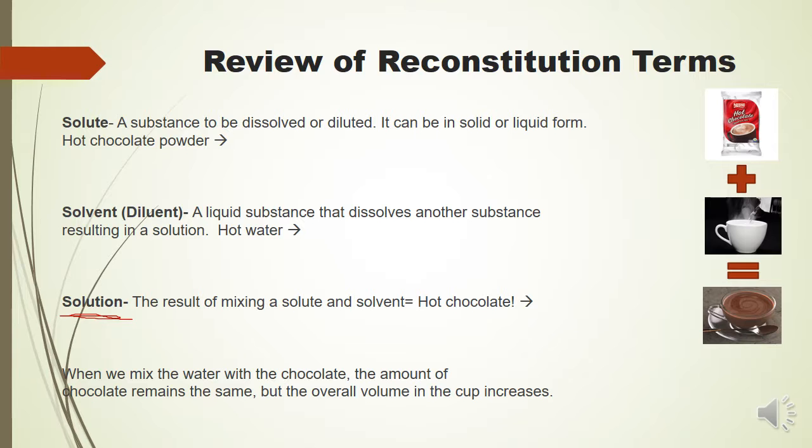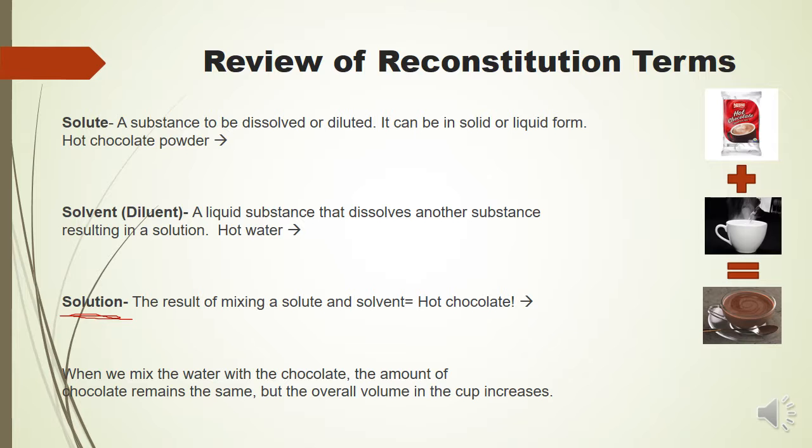Okay, so the resulting solution, as we see at the bottom there, just circle that. So our resulting solution is that mixing of the solute and the solvent, resulting in our nice warm cup of cocoa or hot chocolate.